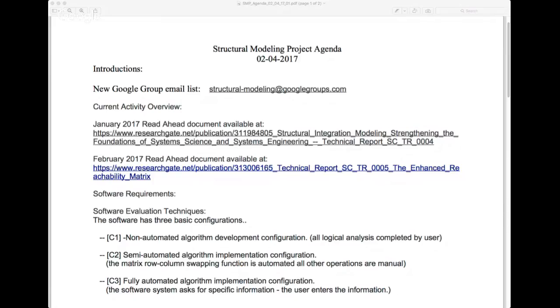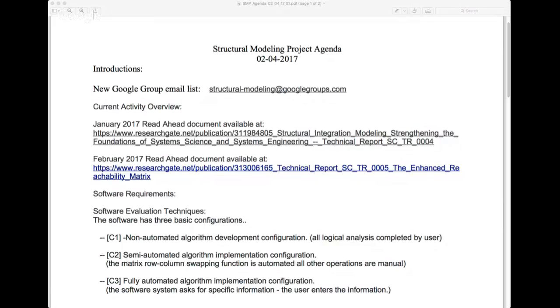In places where you have a number of row-column swaps in a row within your operations, if you do it manually, you can see how it works, but it gets to be a little onerous to keep doing that. So we automated that specific function in the second version of the software.